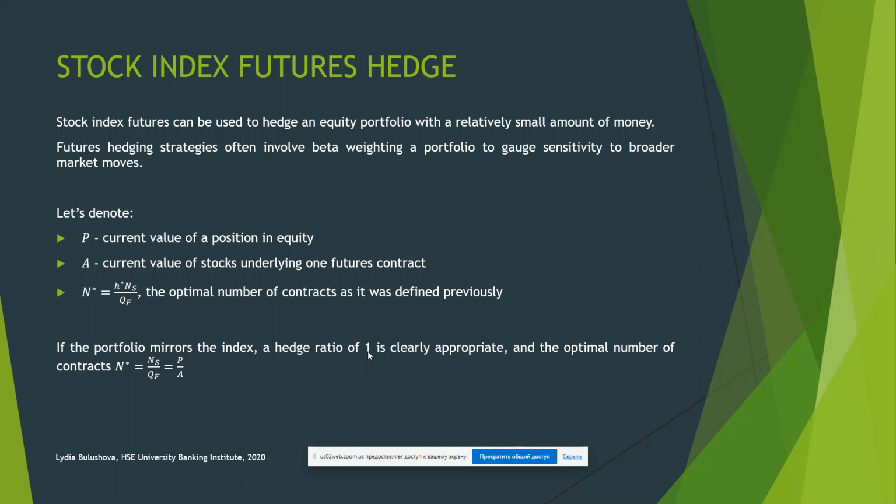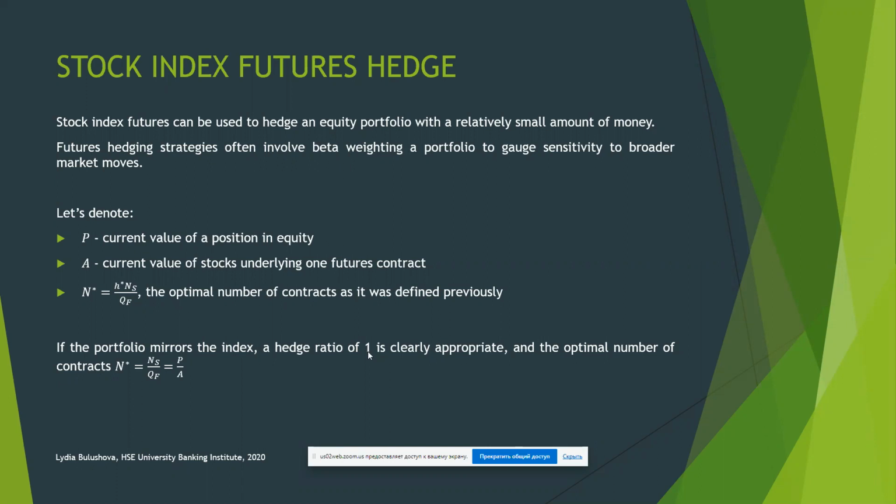I mean, your portfolio is composed of, let's say, 20 equities, and these equities are not those equities that are included into the S&P 500 with high weight. In this case, the dynamics of the index might differ from the dynamics of your equity portfolio.